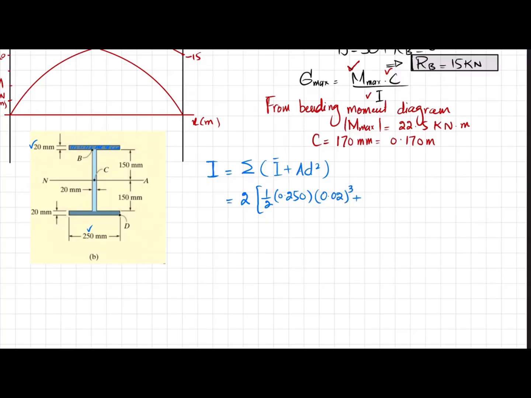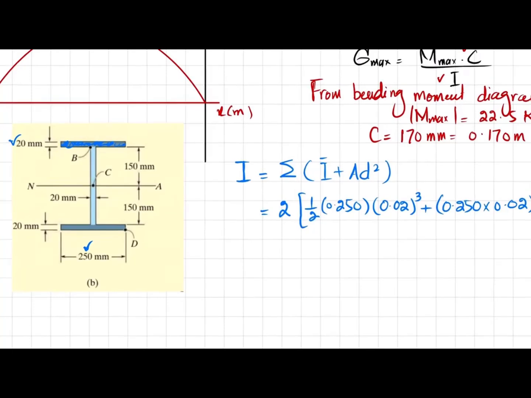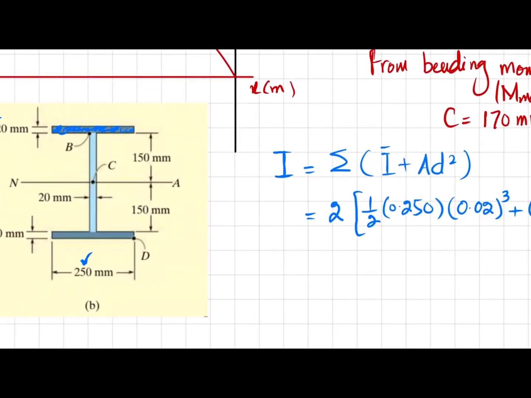Now what is the area of this plate? Its area will be 250 multiplied by 20. So 250 when converted into meter will be 0.250 into 0.02. This is the area, multiplied by d square. Now d square is, if I zoom in, from the neutral axis till the mid of this.